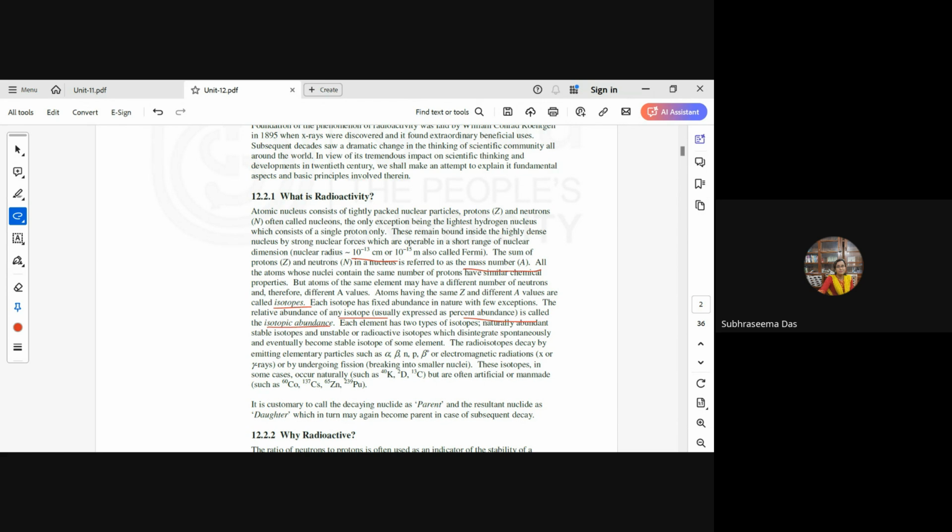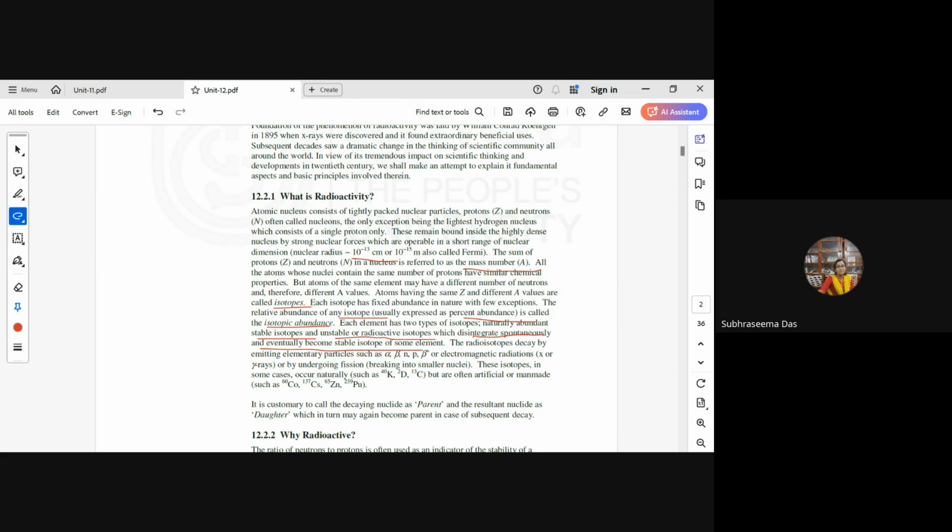So each element has two types of isotopes. One is the naturally abundant stable isotope, and the other is the unstable or radioactive isotope, which disintegrates spontaneously and eventually becomes a stable isotope of some other element. So the radioisotopes decay by emitting elementary particles such as alpha, beta, neutrons, protons, beta plus, or electromagnetic radiations such as gamma rays or X rays, or they undergo fission, that is breaking into smaller nuclei.